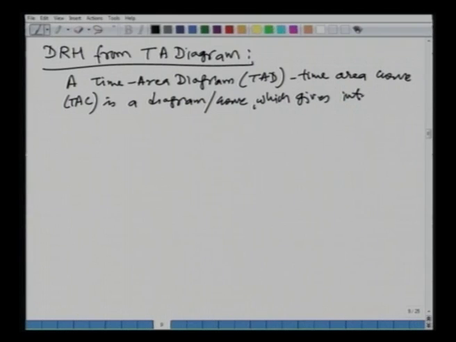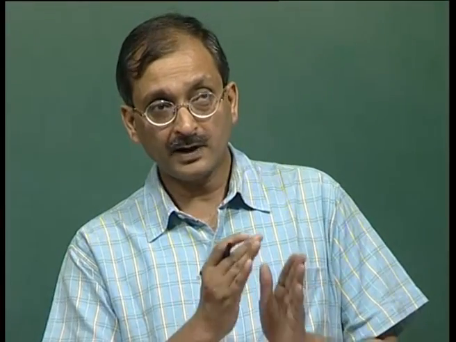inter-isochronal areas versus travel time. So, it is nothing but a curve, or in tabular form, the data of travel time versus your inter-isochronal area.